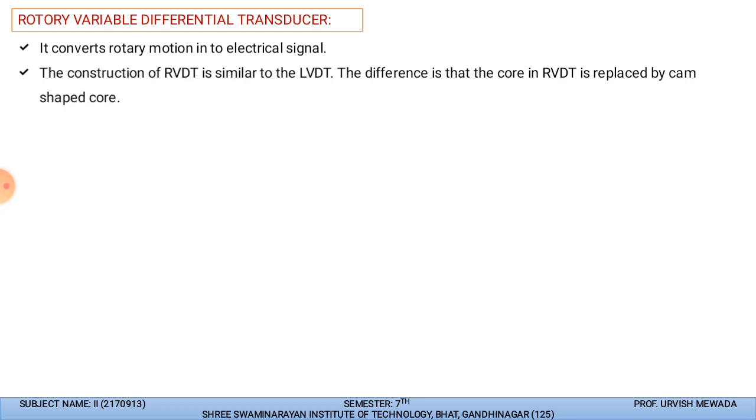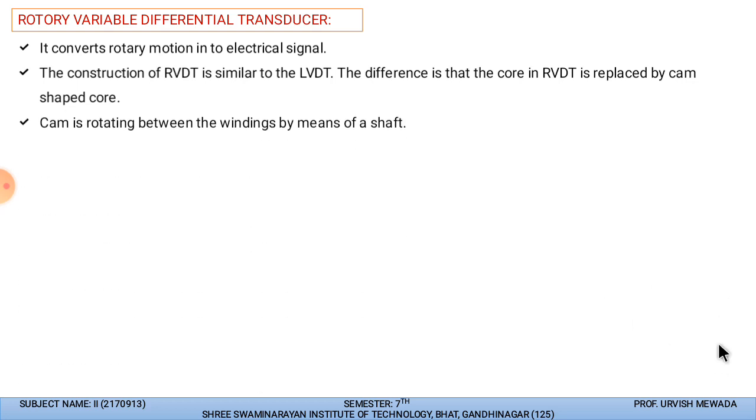The construction of RVDT is basically similar to the LVDT, and the difference is that the core in RVDT is replaced by a cam shaped core. Cam is a mechanical word. Cam means a rotating spindle on which we have connected our core.